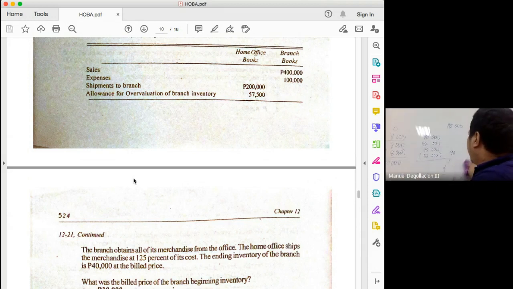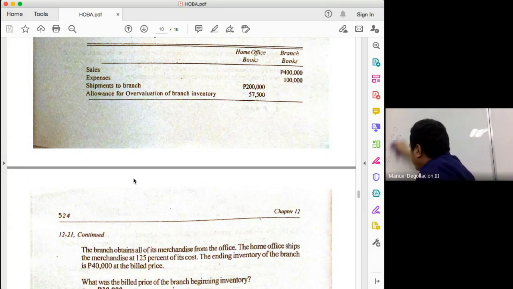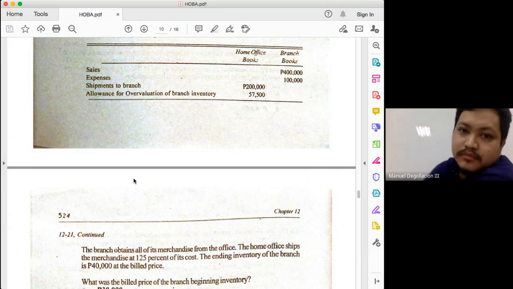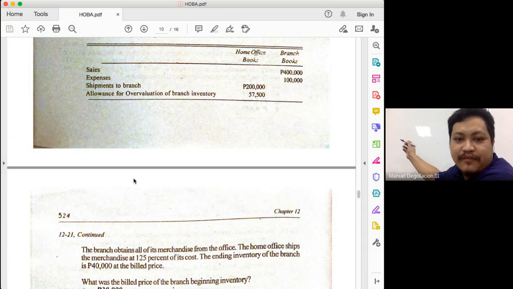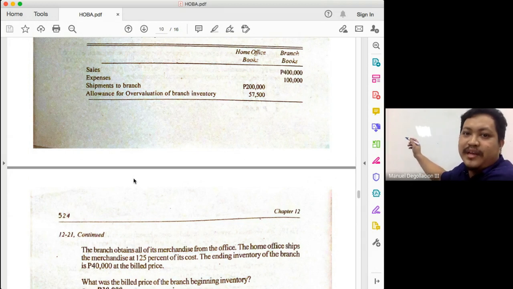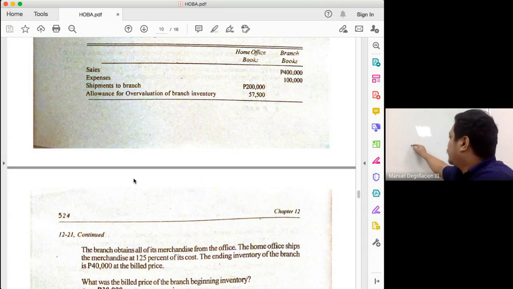How much is 57,500, class, divided by 25%? 230? Because you should have the same answer, okay? You're doing the same thing: 57,500 divided by 25% is 230. So this will give you your TIGAS.